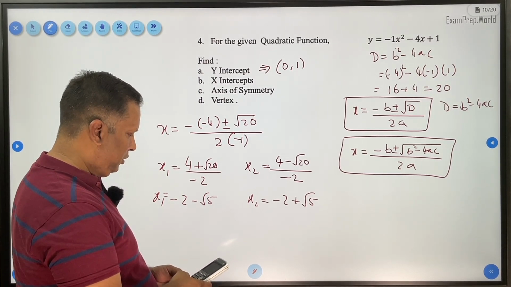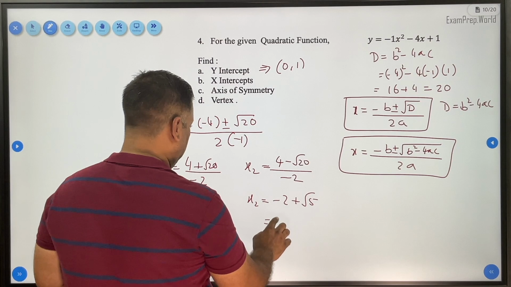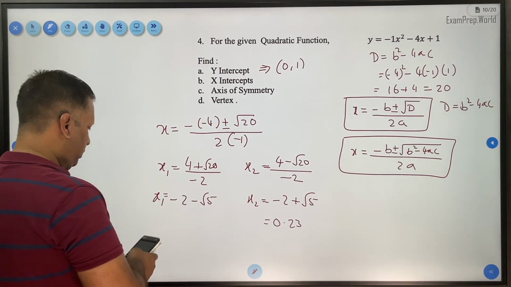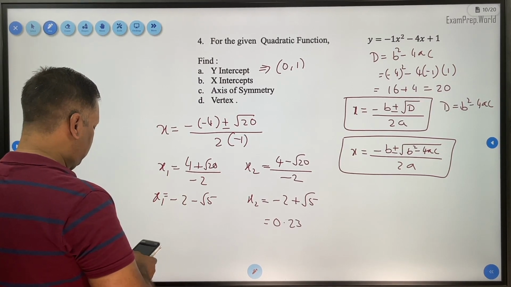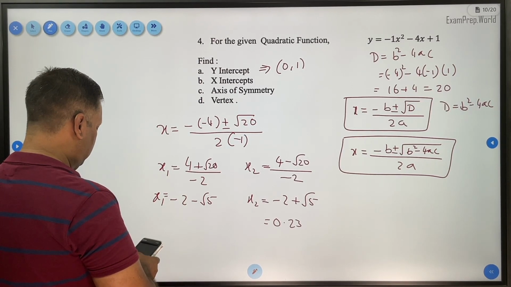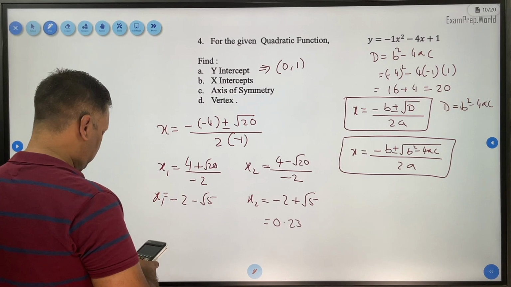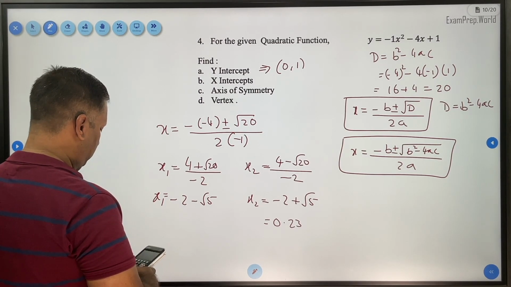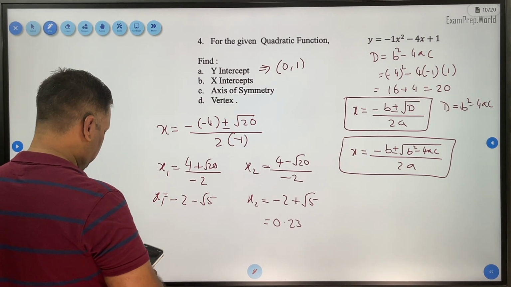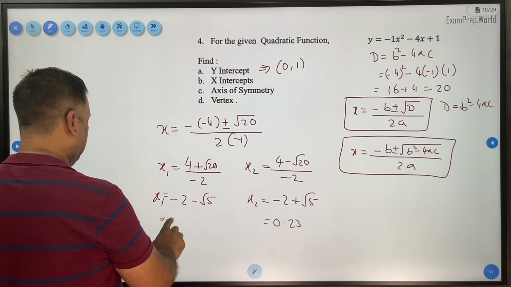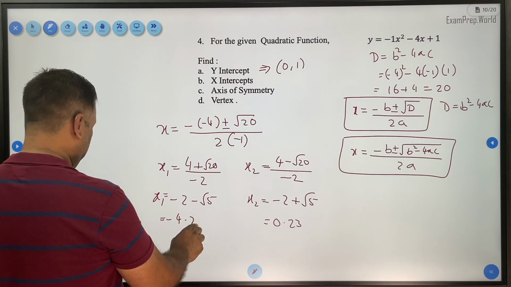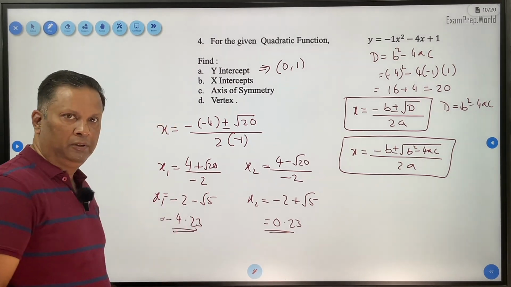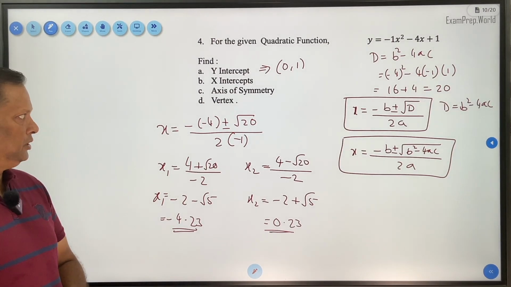So, it is 0.23, and this one is minus 4.23. So, we have our two x-intercepts. Okay. Very easy, right? Finding x-intercepts was easy.